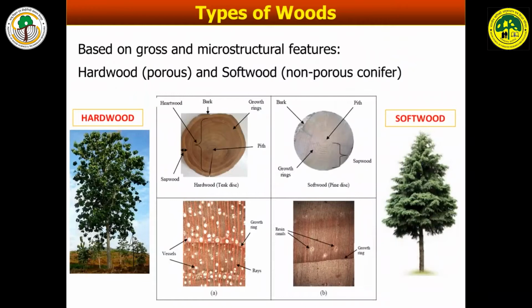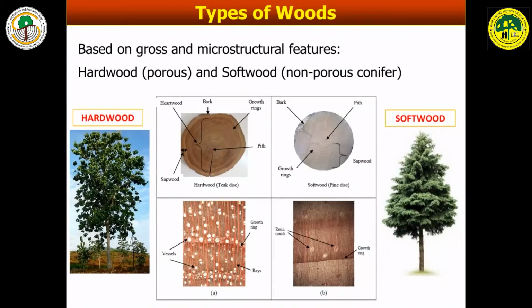So let me give a brief about the different types of woods which are generally available, classified based on their internal structure and outer look. There are two major groups of woods: hardwood and softwood. On the left side you can see the hardwood tree, and on the right side is a softwood.